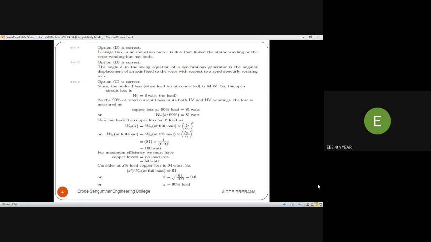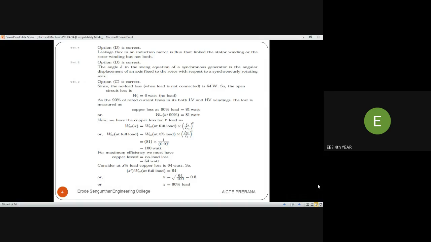That is, the copper losses at X times the full load current, divided by X, whole squared. It is the formula behind the full load copper losses. So 81 into 1 by 0.9 whole squared. Here 1 indicates the full load current, and 0.9 is the 90% load current. We get the full load copper losses equal to 100 watts.